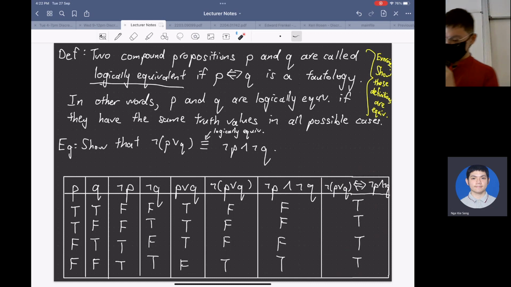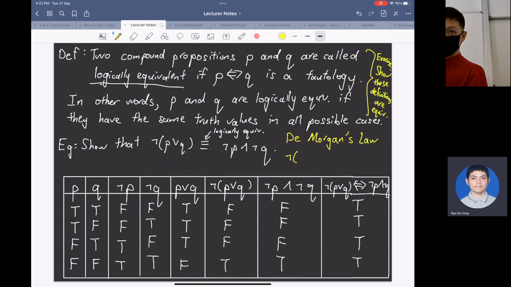So next, actually there's a name for this. There's a famous law called De Morgan's law. Every logic student must know this. After you know this, you can call yourself a logic student. The other one, as somebody pointed out in the notes, is this one.